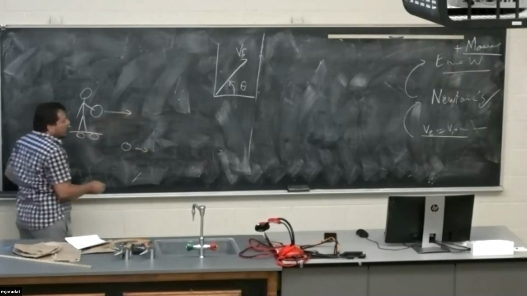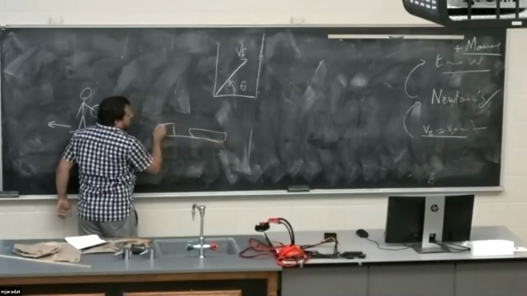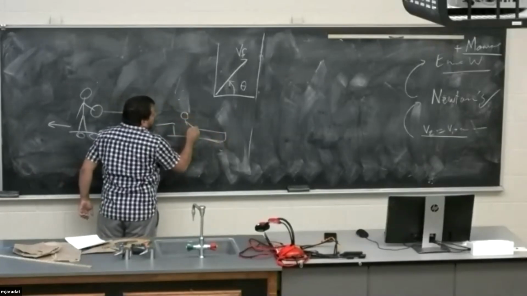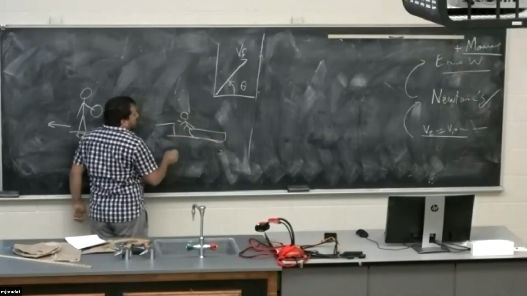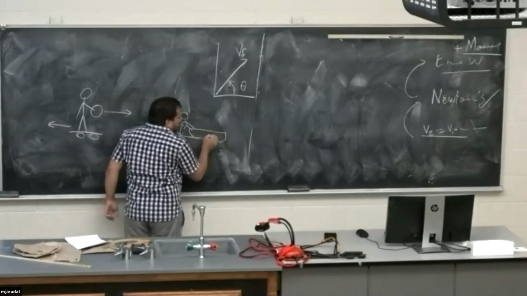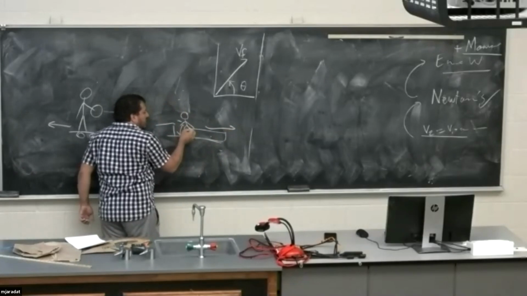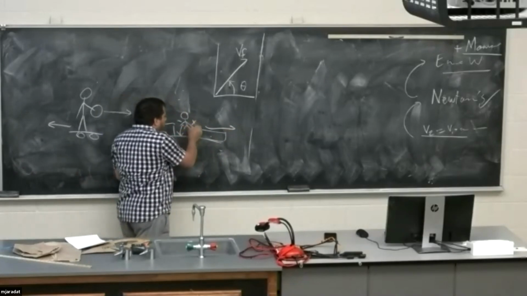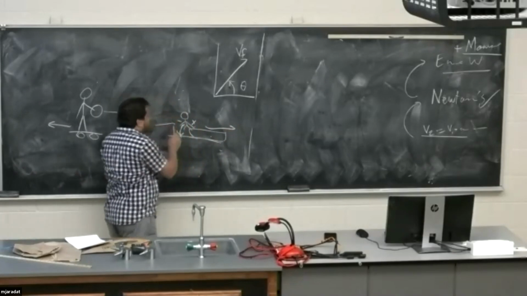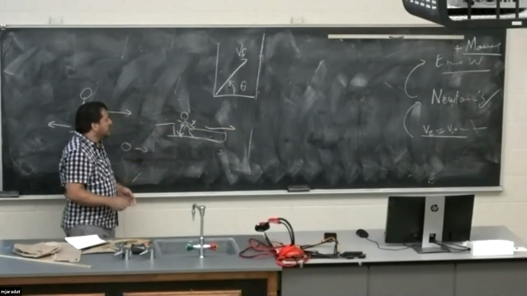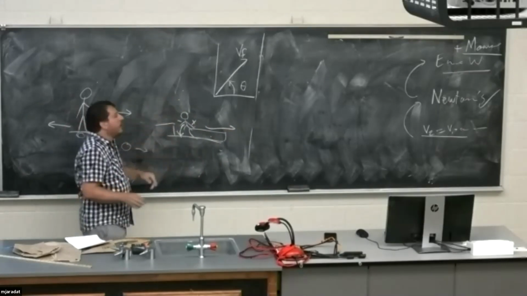If there is a boat, and this is a shore, and a person needs to jump from here to here, he will fall in the water because the boat will go backward, and his action just keeps the center of mass of him and the boat at the same place. He will not reach this point. It is not just action and reaction, it is the conservation of momentum.